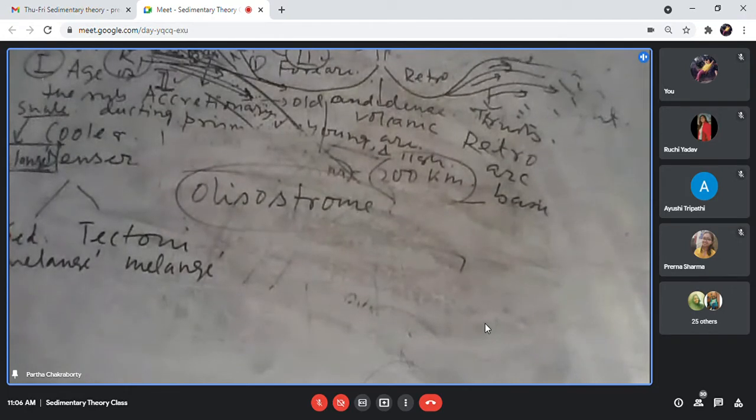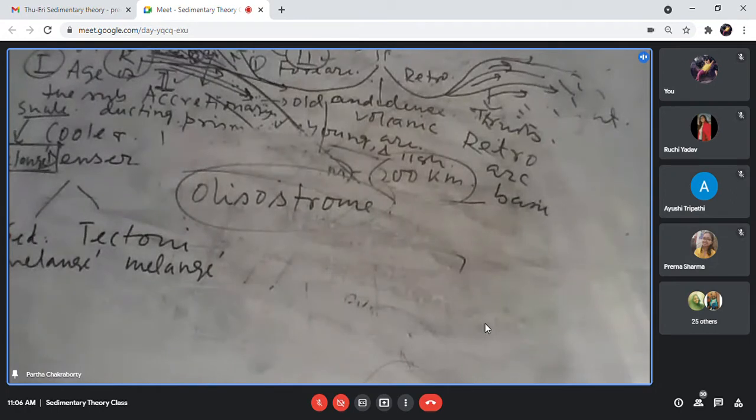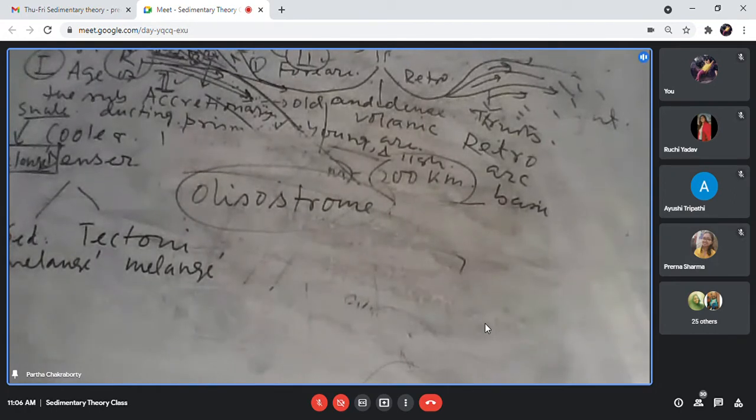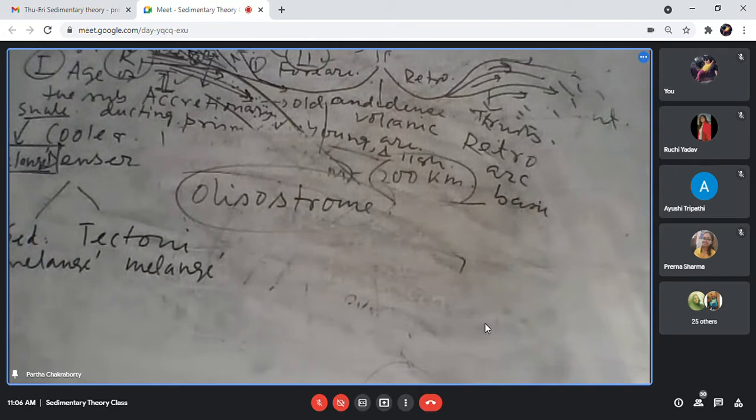That a plate is subducting and the material is scraped from that plate and getting emplaced onto that plate only. Scraping is happening, right? Yes, sir. Now this scraping is making a kind of assemblage on top of the downgoing plate. Because of this scraping, there will be a flexural bend, which is actually the fore arc.